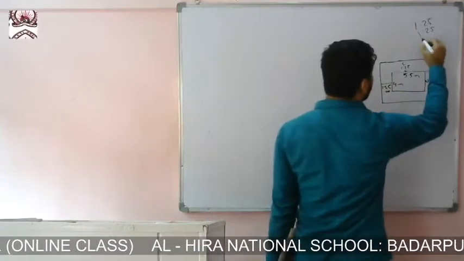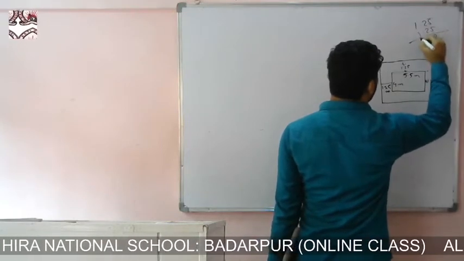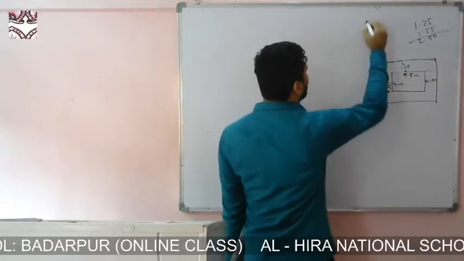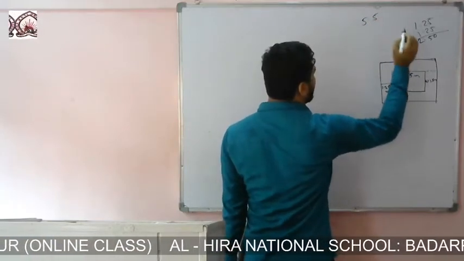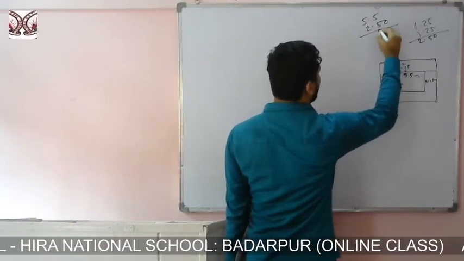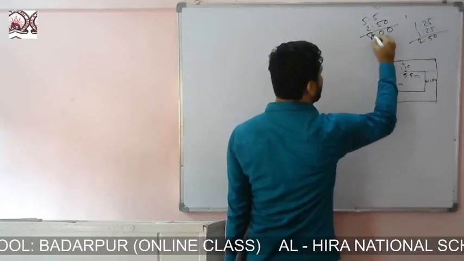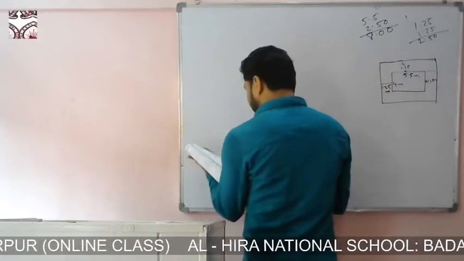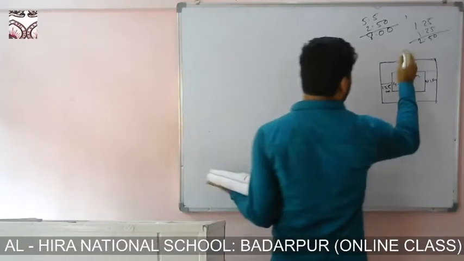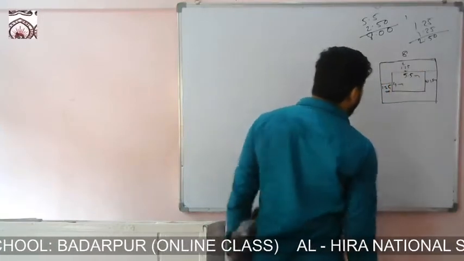So add this one. 1.25 plus 1.25 is 2.50. You add this with 5.5, that means 5.5 and 2.50. If you add, 0, 5 plus 5 is 10 and 1, 5 plus 2 is 7 and 1 is 8. So we are getting length 8.